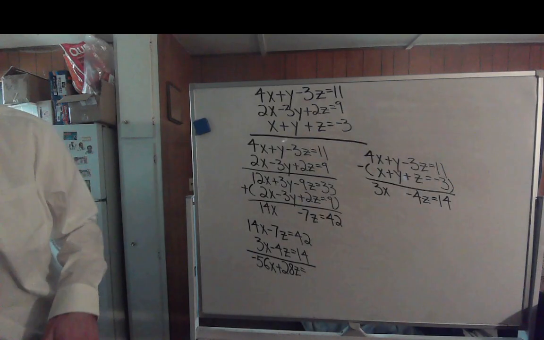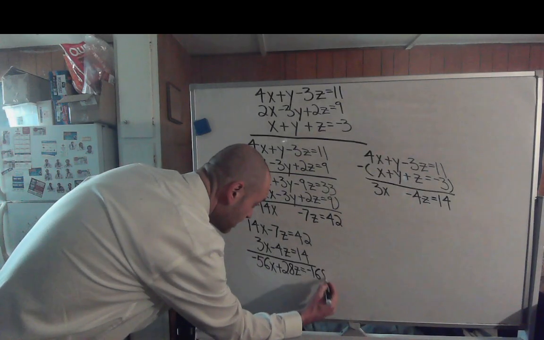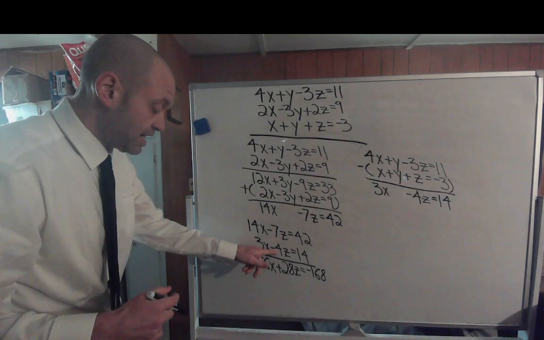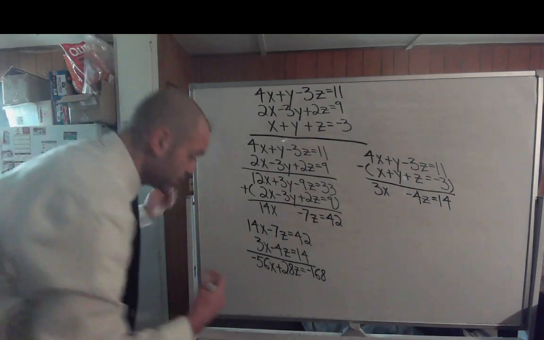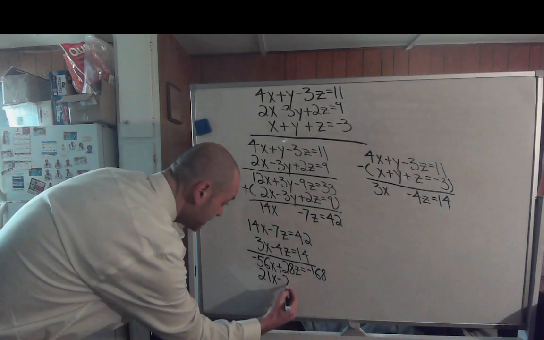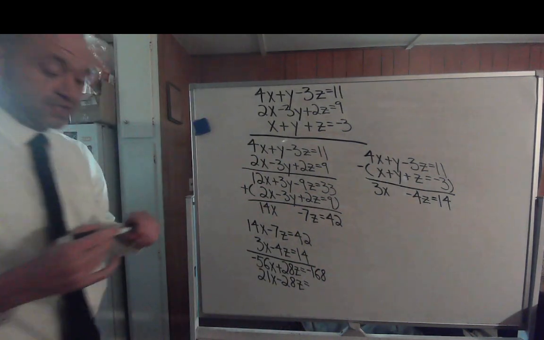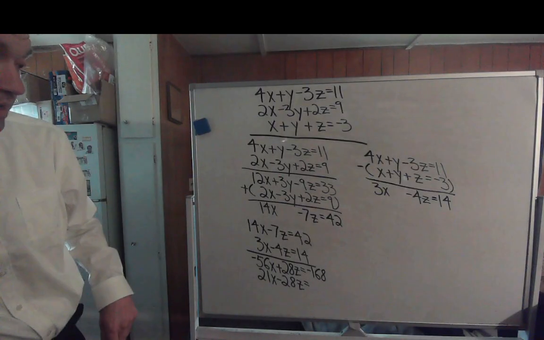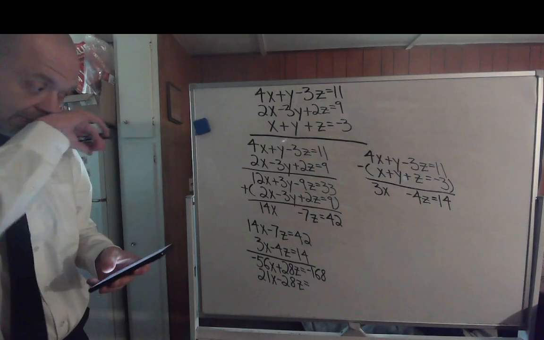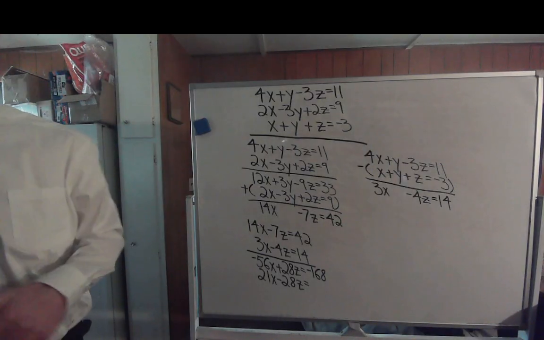It's negative 168. And then we're going to take 7 times the bottom equation, so that would give you 21x minus 28z equals, what's 14 times 7? We need to figure that out. That's 98.